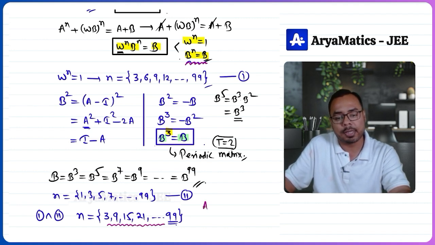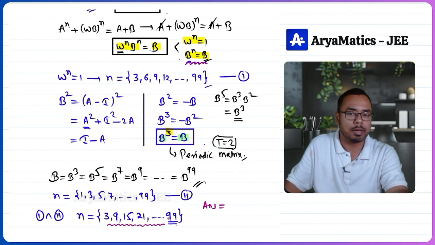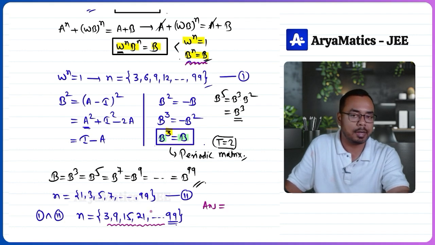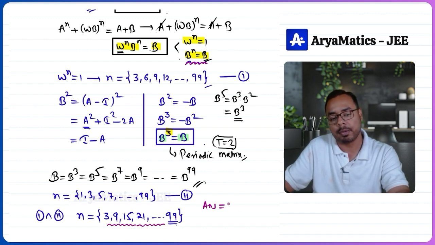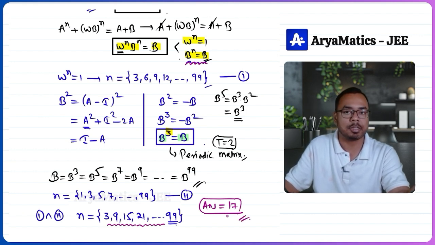You can calculate this using the formula of AP, or directly you can see that if I remove 3 and then divide everything by 6, then we'll get 96 by 6, that is 16, plus 1 more term. So the total number of terms in this series is 17. So that will be the correct answer for this problem.